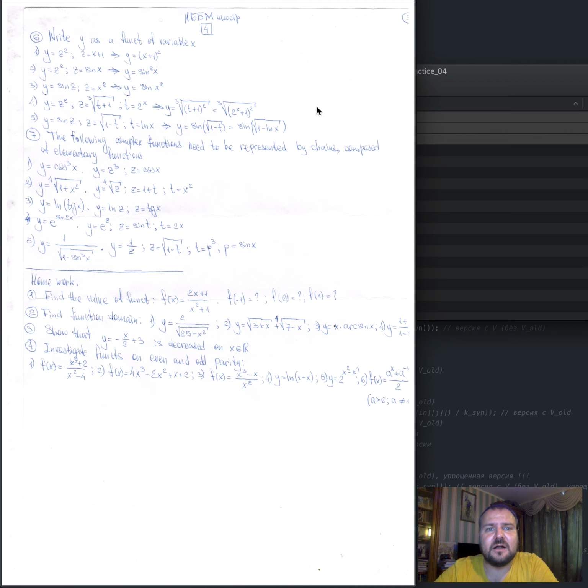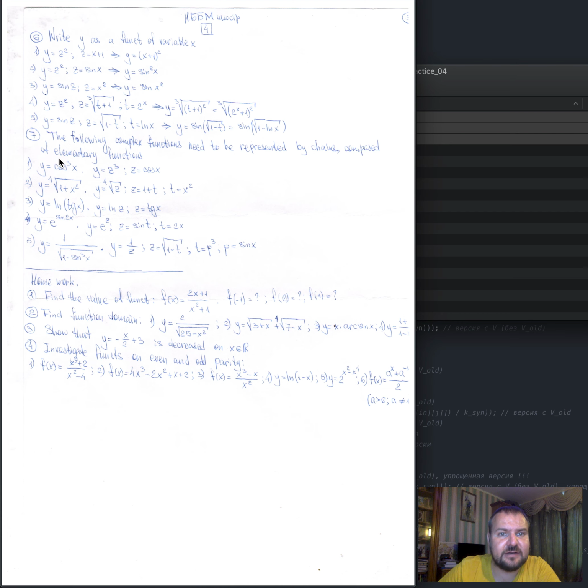Seventh, open the chain of elementary functions. y equals cosine cubed x. So we need to write y as the letter z cubed, where z is cosine x. It is the same as example number 6.